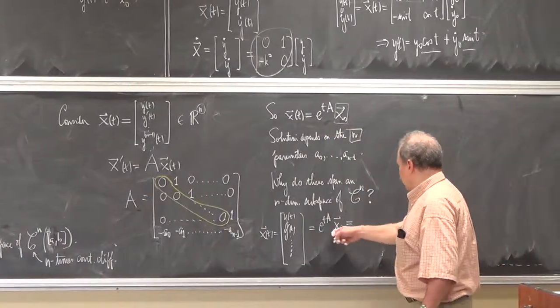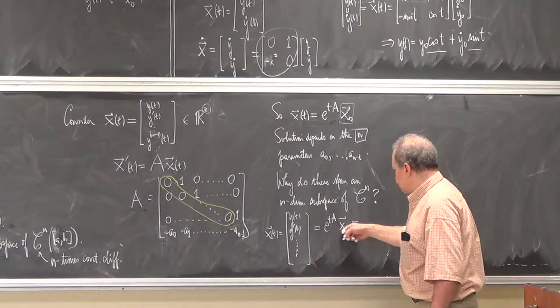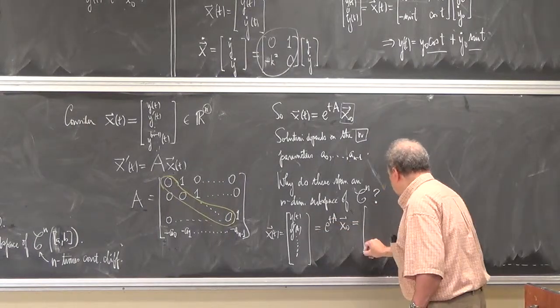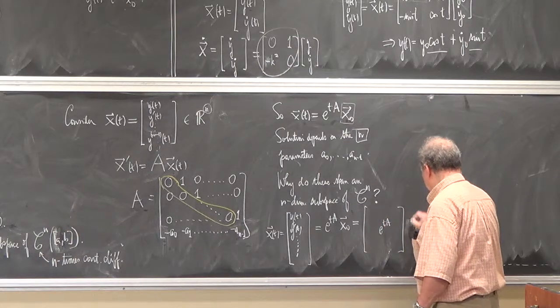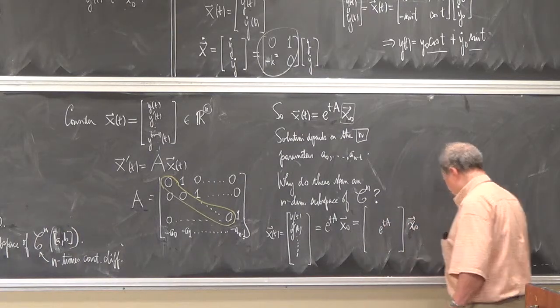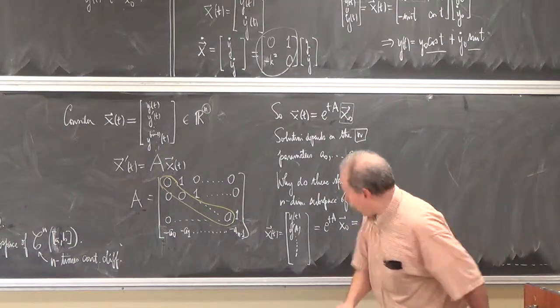So let's think about what this looks like. If I'm interested in e to the tA times the vector x naught, I'm interested here in y of t.